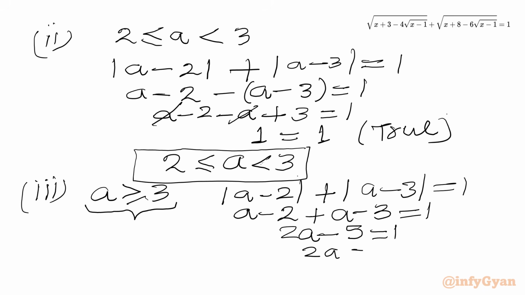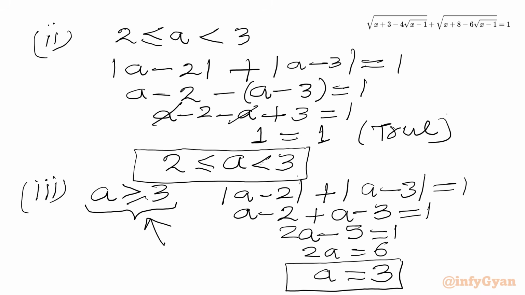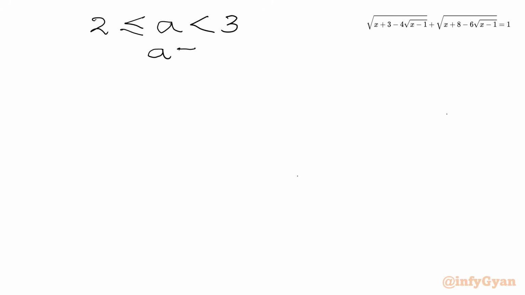So 2a will be equal to 6, a will be equal to 3. So from the third case, we have one condition, a equal to 3. Let me write both the solutions. a is greater than or equal to 2 and less than 3 from case 2, and from case 3 we have a equal to 3. If we club these two, we are going to write a greater than or equal to 2 and less than or equal to 3.